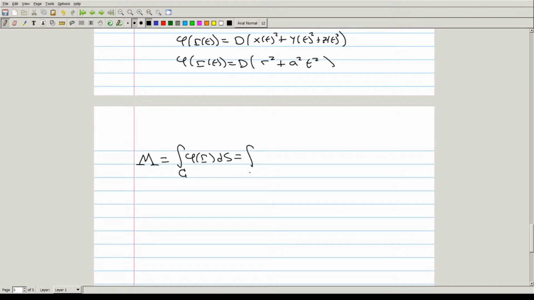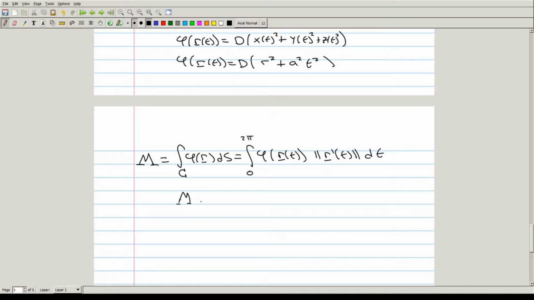And so this is the integral from 0 to 2 pi of phi of r of t times the magnitude of r prime of t dt.